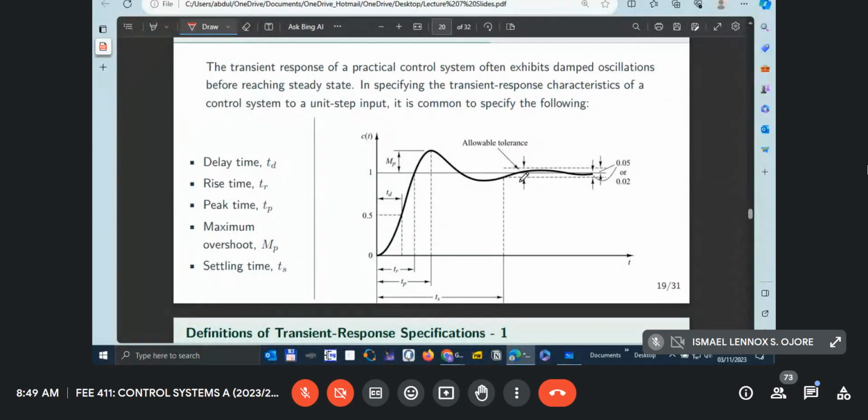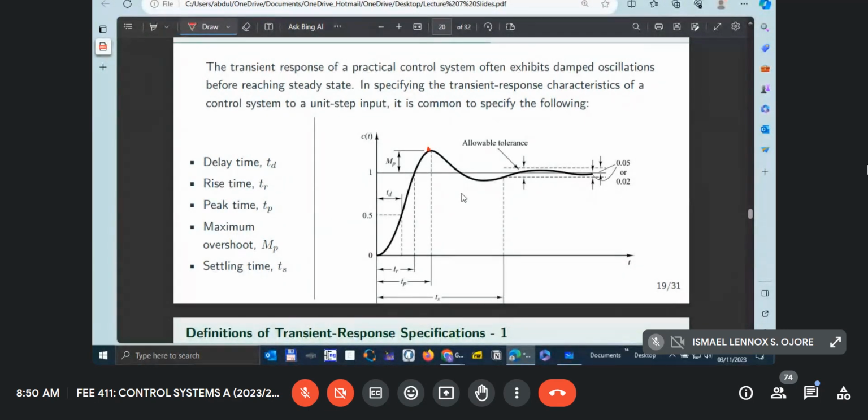In a second order system, we'll talk about delay time, rise time, peak time, and also maximum overshoot. So maximum overshoot, this is our input, and also remember, this is the desired output we want. But this system, you can see it moves up, and then we have this peak here.